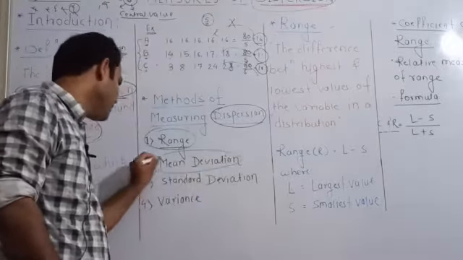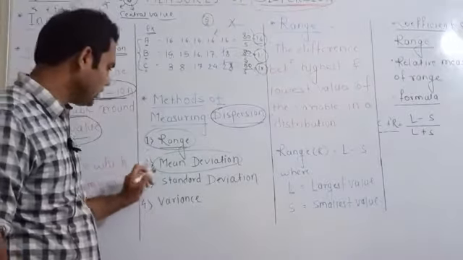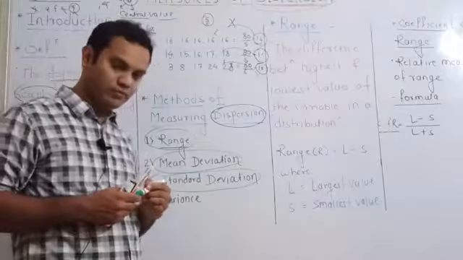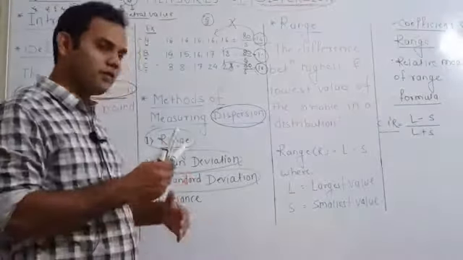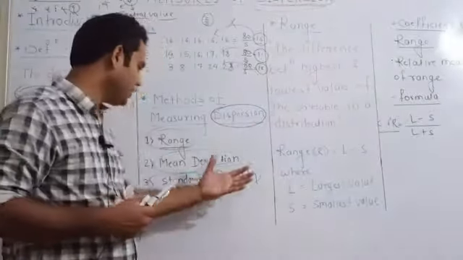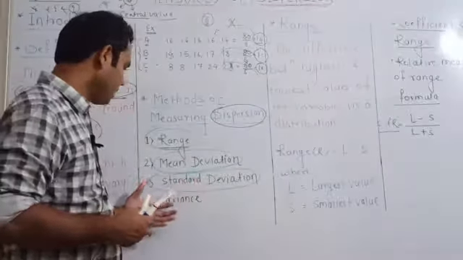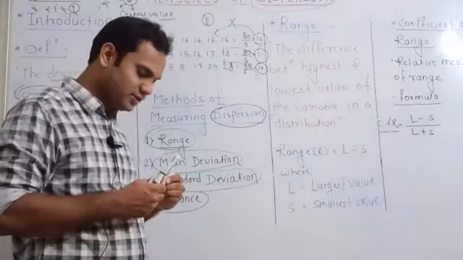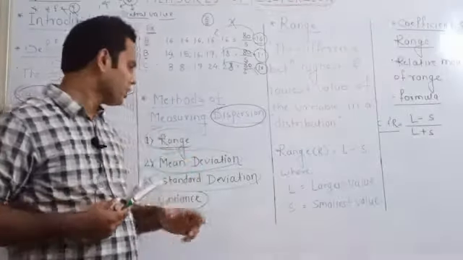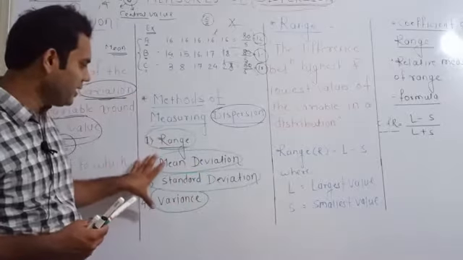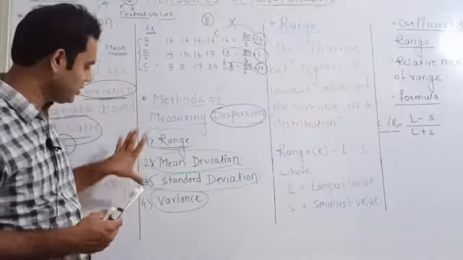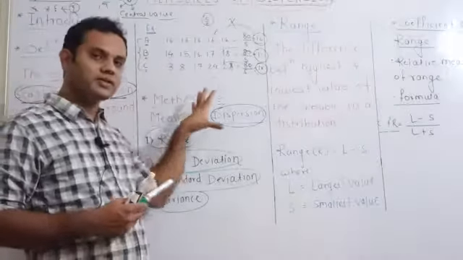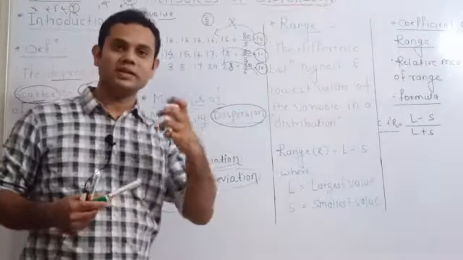Third is your standard deviation. It is very important from your exam point of view. We will have a separate lecture on that. Last one is your variance. Standard deviation and variance we will study in one lecture. So range, mean deviation, standard deviation and variance, these are the 4 methods by which we can measure dispersion.